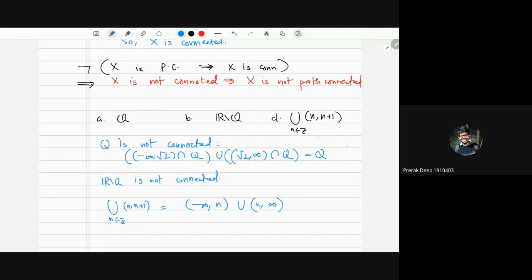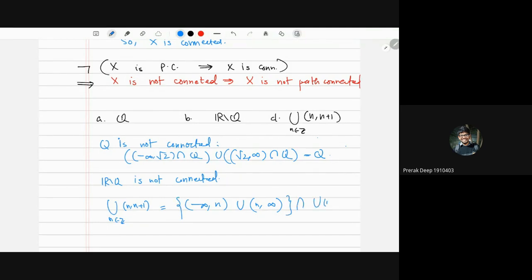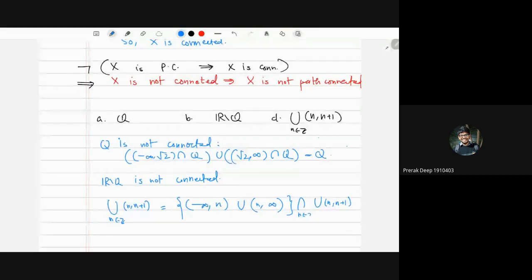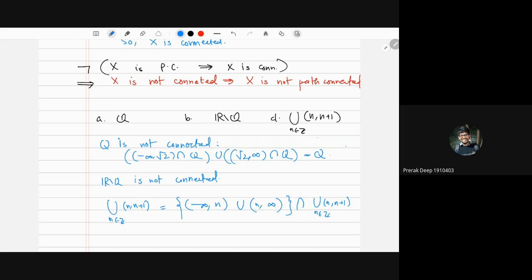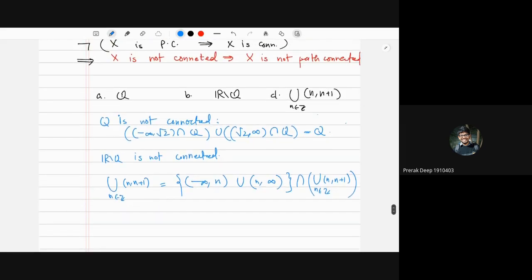The subspace topology needs to be kept in mind. So all these three options are not connected, so they can't be path connected. So A, B, D are not path connected spaces. Is this clear till this point?